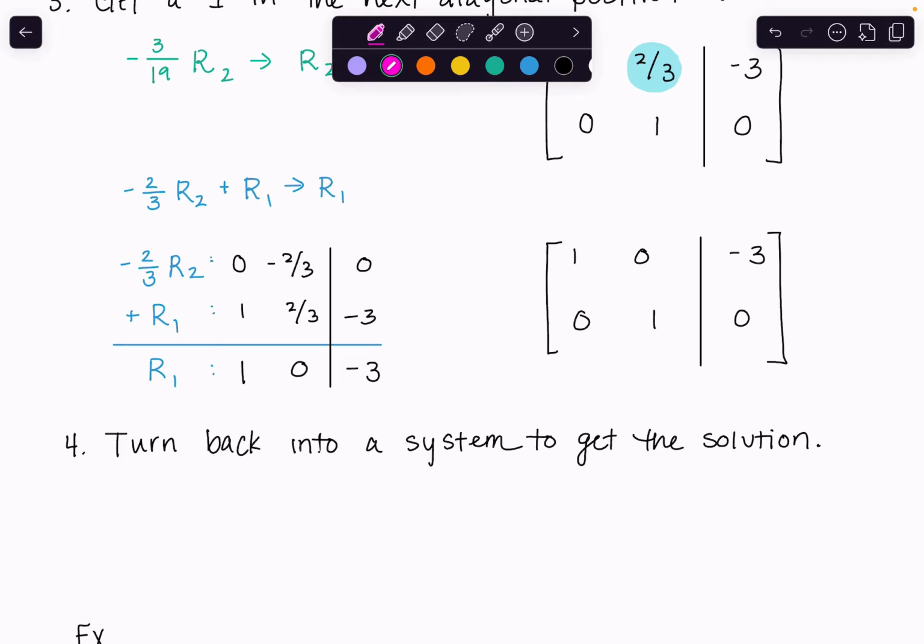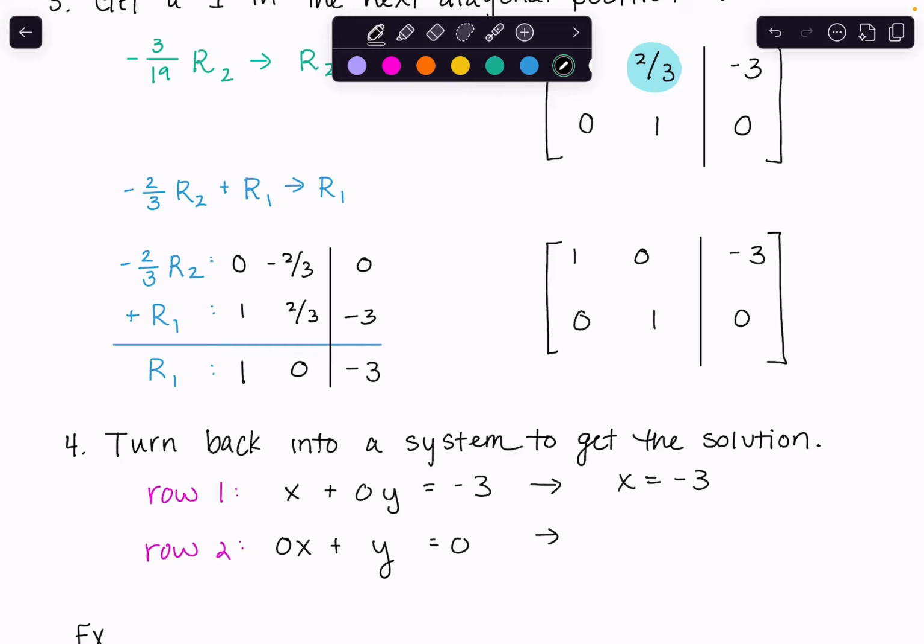So the first row tells us we have 1x plus 0y equals negative 3. So immediately that tells me the x variable is going to equal negative 3. Row 2 tells us we have no x's, 1y, and that equals 0.